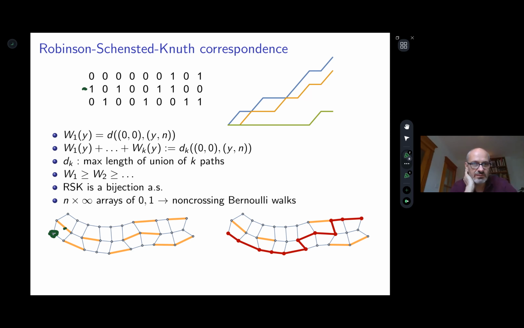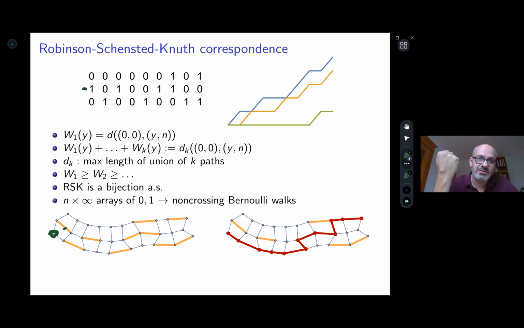So W1 is simple. Now to define W2, you're going to define another kind of distance, which is instead of just taking one path, you're going to look at the union of two paths. But if you have two paths that use the same edge twice, then you won't count that twice. And then you just maximize over this distance, the sum of the edge weights along that.